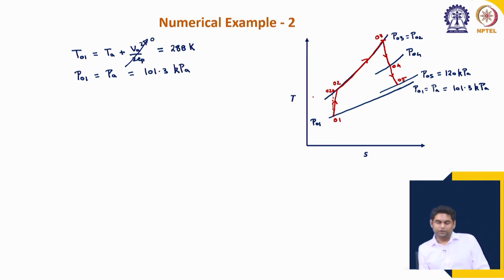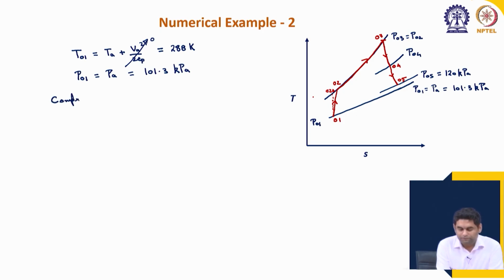Now, we need to find state 2. So, the pressure ratio is given. Now, this is for the compressor. We will go part by part.